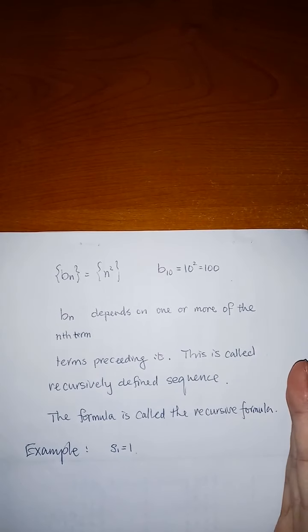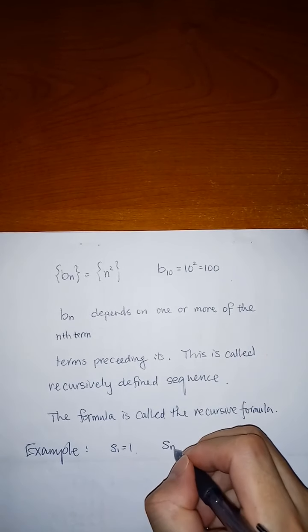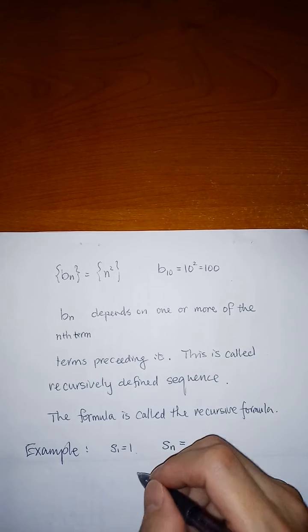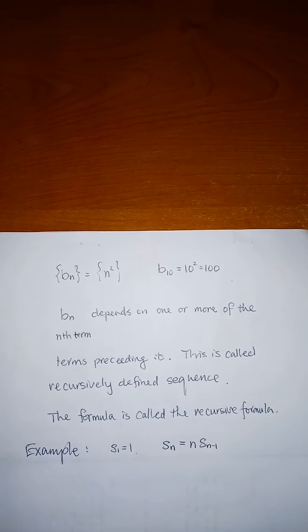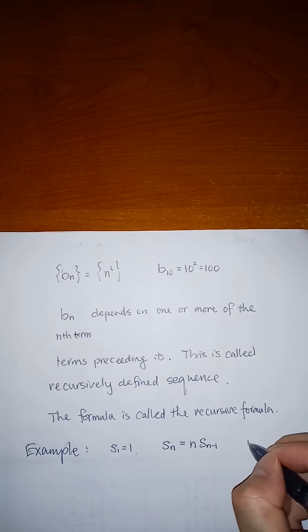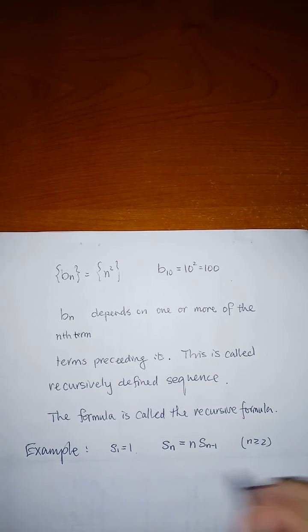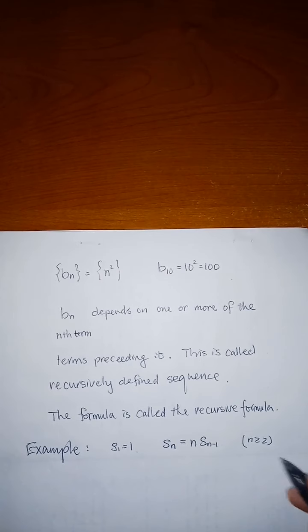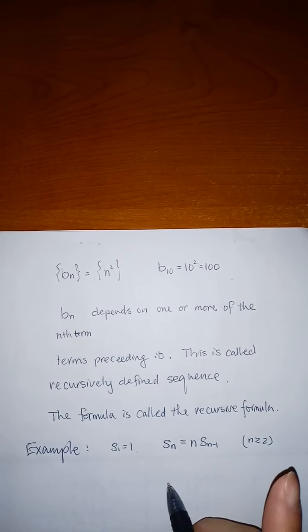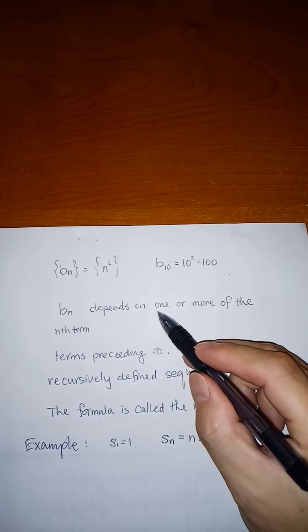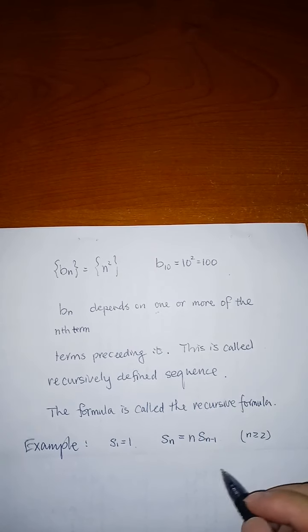And after S1, Sn, the nth term, is n times the preceding term, Sn minus 1, for n greater than or equal to 2. The first one is specially defined, and the rest are defined by this so-called recursive formula. The definition only depends on its preceding term, just one term. It may depend on one or more terms.